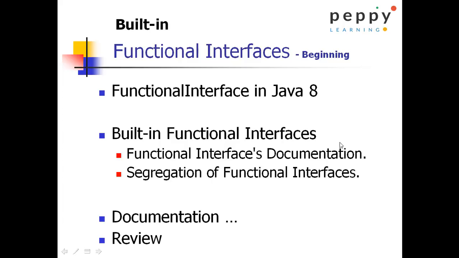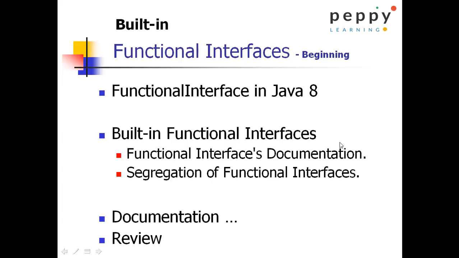You can annotate an interface with @FunctionalInterface to make sure that it is a functional interface, which means it has one and only one abstract method. Mentioning @FunctionalInterface is optional.